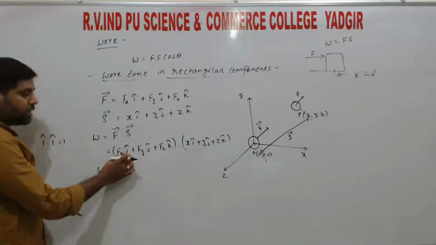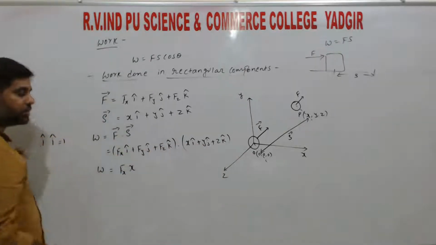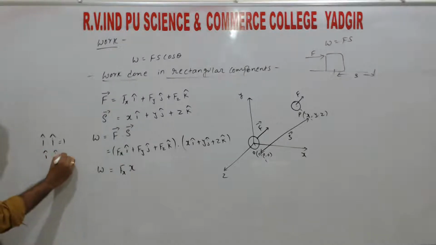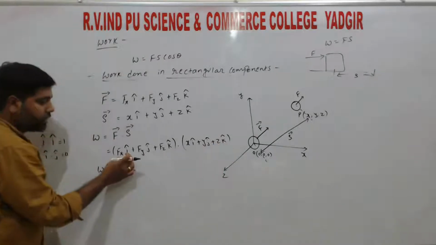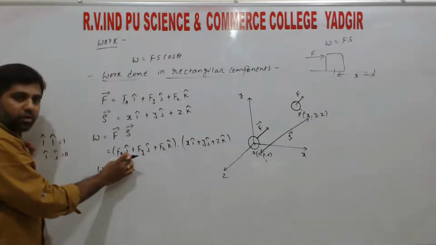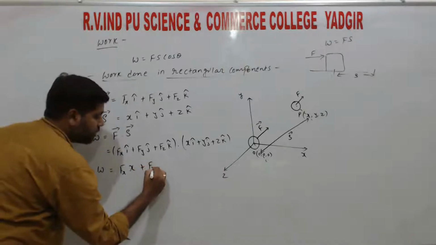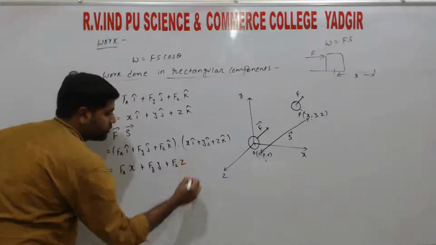Next, Fx into y, here i dot j, from the property, i dot j equals 0. If we multiply these two terms with i cap, we get 0. So directly we can write Fx x plus Fy y plus Fz z.